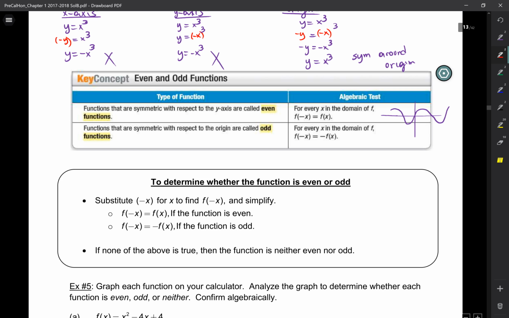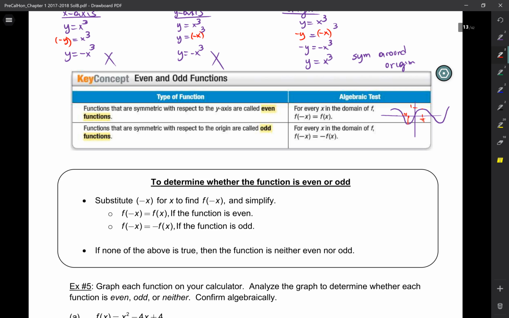If I go to x equals pi, what's my y value? At pi, what's the y value? 1. At negative pi, what's the y value? Negative 1. So if you take a plus x-axis and a minus x-axis, the y value will switch sign.